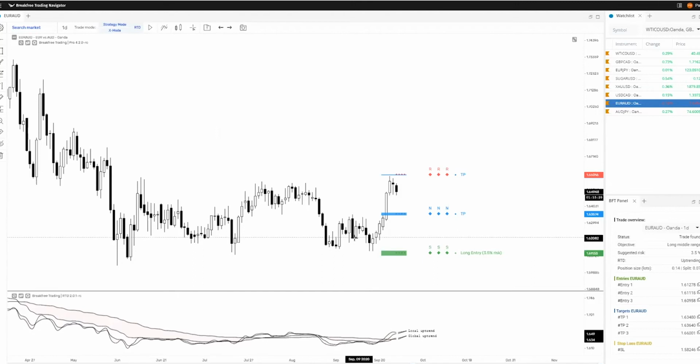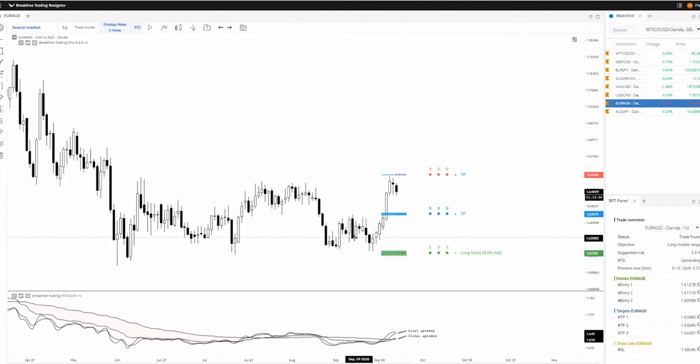Any other questions about strategy mode, anything like that? You asked, can you do an X mode setup example? What to look for and what not to, what the best pairs are, and what the best time frame is? We're going to stick to strategy mode questions for now, because the Q&A is more for people who are just getting into strategy mode, and we don't want to confuse people who are just getting started. X mode is really something completely different and completely new.